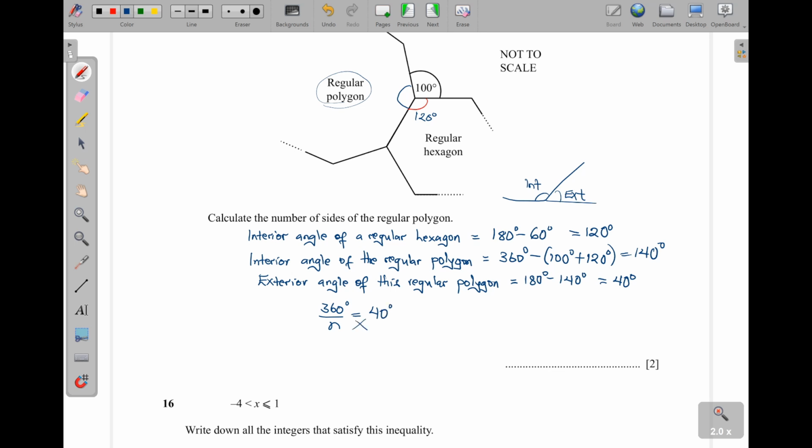When you cross multiply, our n is going to be equal to 360 degrees divided by 40 degrees. Automatically, the degrees will cancel and the zeros will cancel. Then 36 over 4 gives us 9. So that means we shall have our answer here as 9. Those are the number of sides of the regular polygon. They can also ask you for the name. So this is a nonagon. After finding the number of sides, then you can give the name.